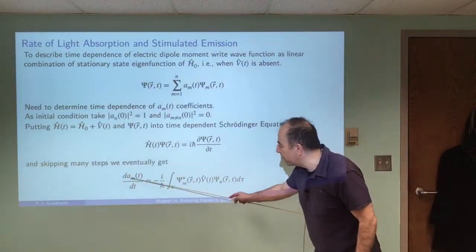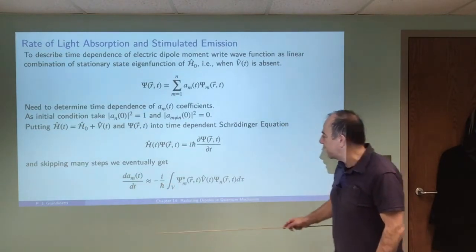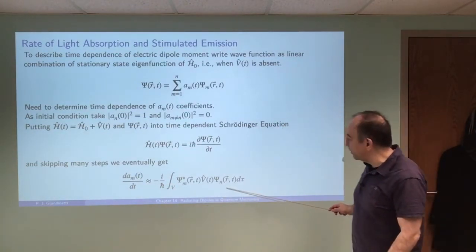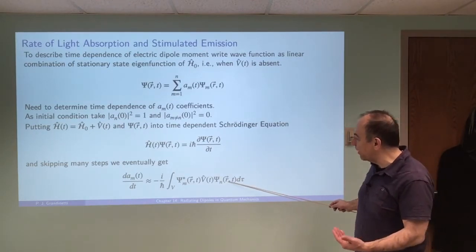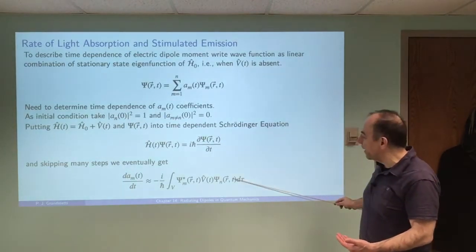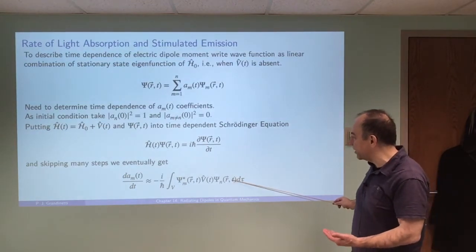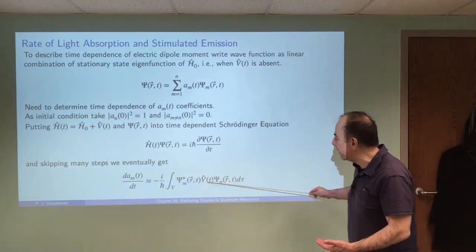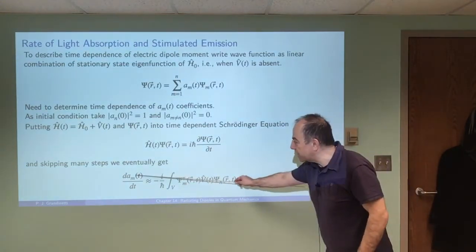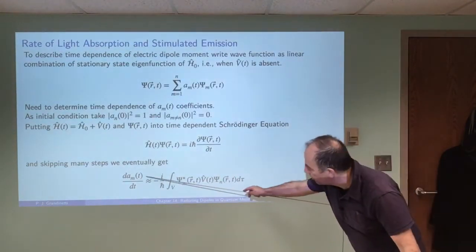So for the mth energy eigenstate, its rate of change is going to require us to use the nth, the original, the one that's originally populated energy eigenstate, and the m state, the one that we're trying to evaluate, and then we're going to evaluate this integral.